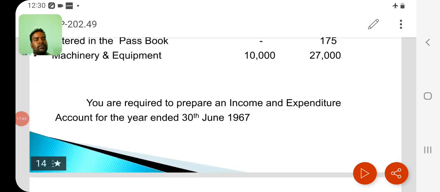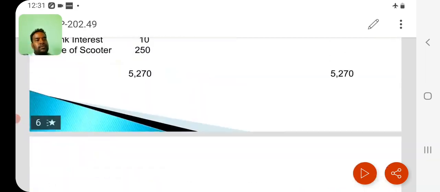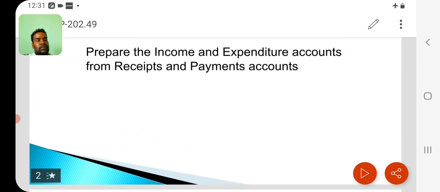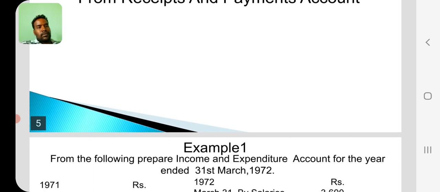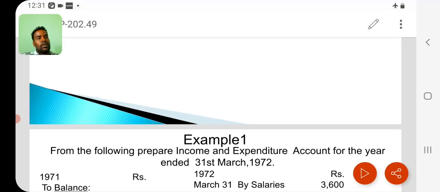So once again, see here the preparation. As we already know, every non-trading organization prepares three types of accounts: receipts and payments account, income and expenditure account, and balance sheet.